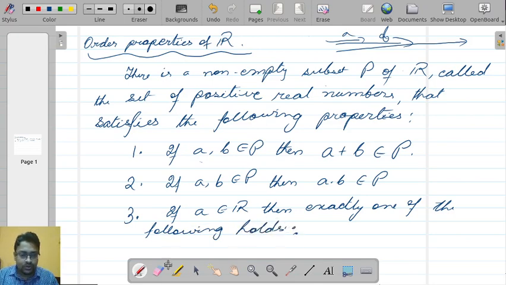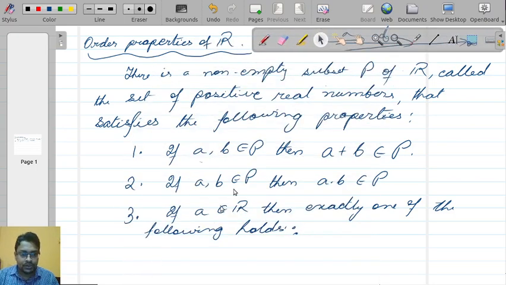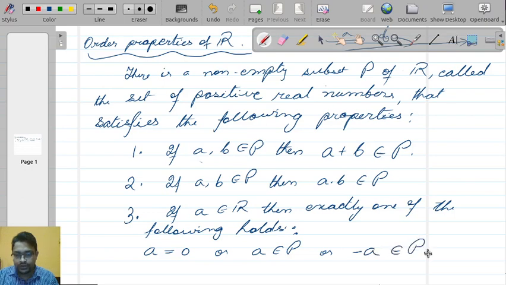These are: A equals 0, or A belongs to P, or minus A belongs to P. So exactly one of these holds. This law is called the law of trichotomy.